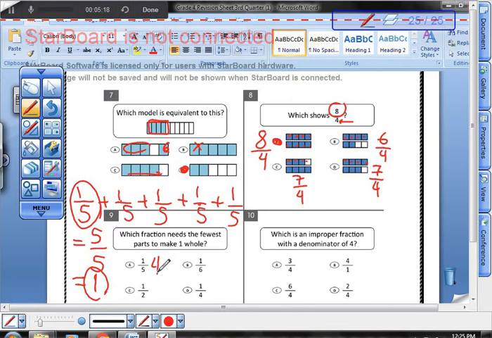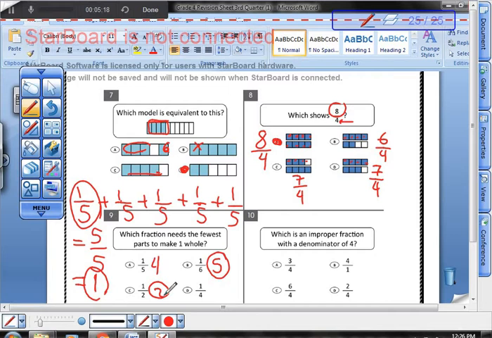How many sixths are needed to make one whole, to make 6 out of 6? I have just 1 of them, so I need 5 more. And 1 out of 2, to make it 2 out of 2, I need 1 more.